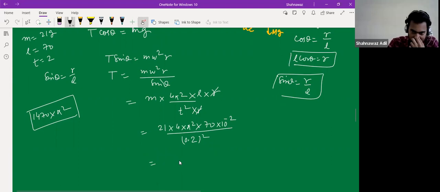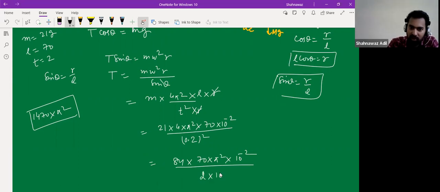Okay, so this is 84 into 70 into pi square, into 10 to the power minus 2, and T is 0.2, let's say 2 into 10 to the power minus 1. Right, so this cancels. And this is 35, right? So 84 into 35 is what?